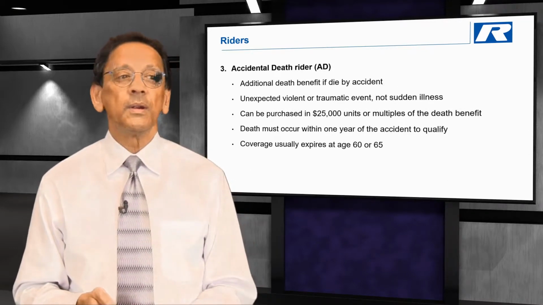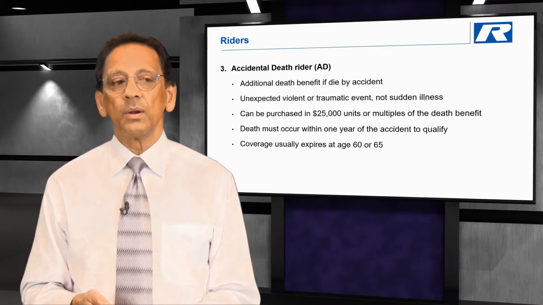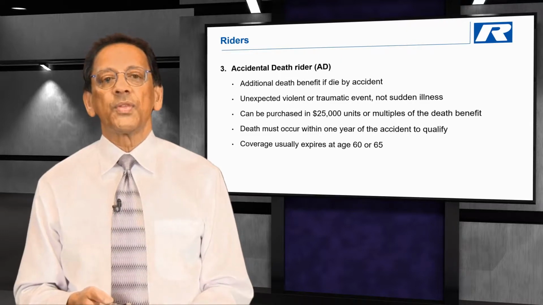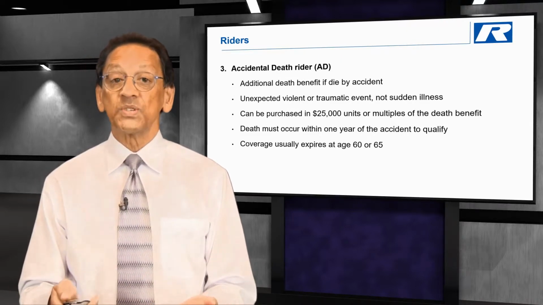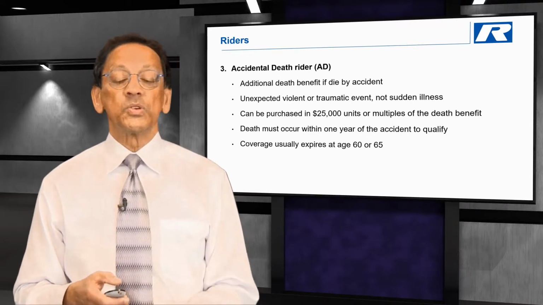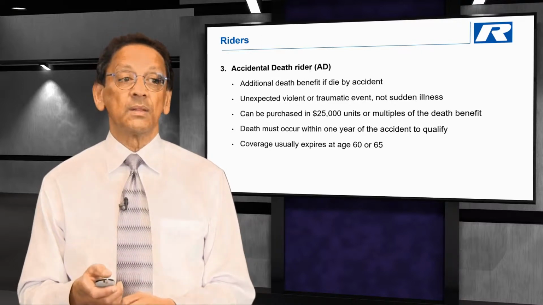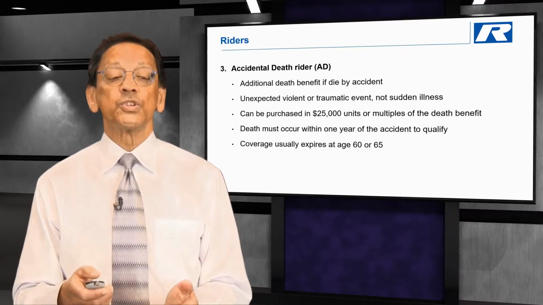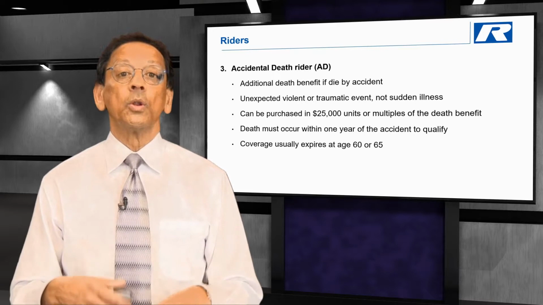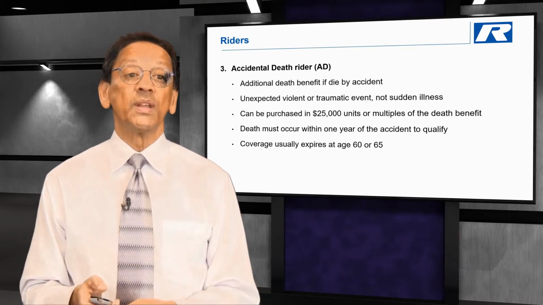Third type of rider, accidental death rider. Now, accidental death pays an additional lump sum in the event that the person dies by an accident. So if the life insured dies by accident, they're going to pay out an additional death benefit.